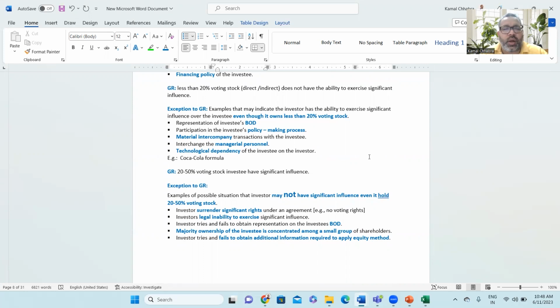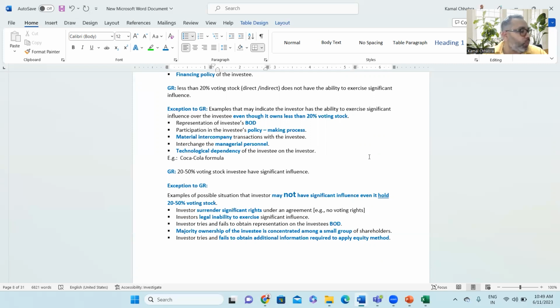Yes, yes. So now if you see the exception to the general rule, what we have studied so far is a general rule, but where there is a general rule, there is an exception to the general rule. Certain examples may indicate that the investor has the ability to exercise significant influence over the investee even though it owns less than 20% stock.